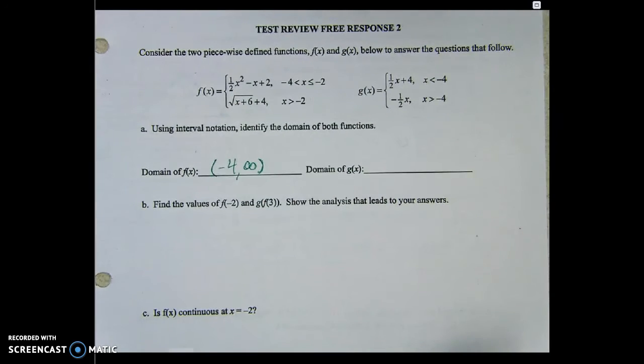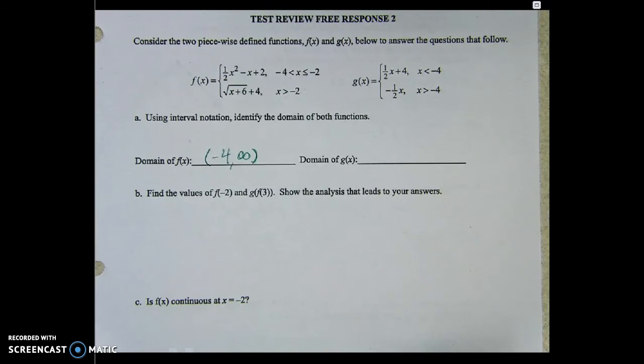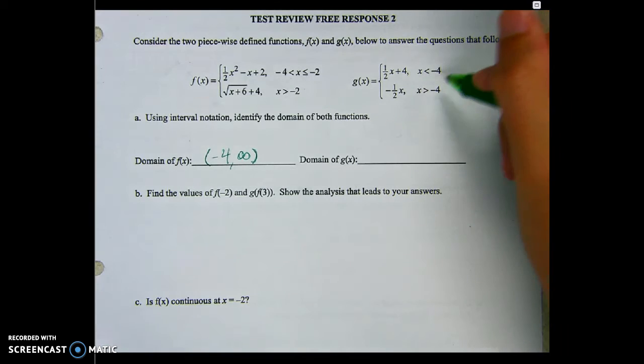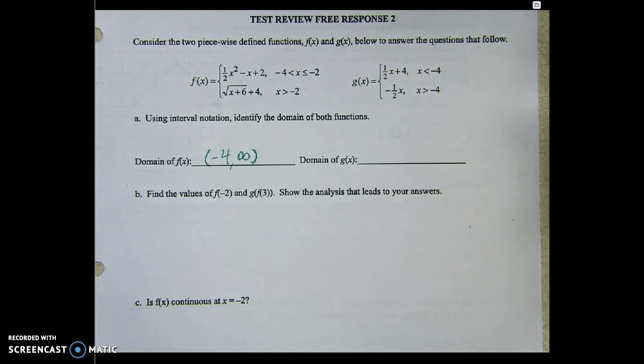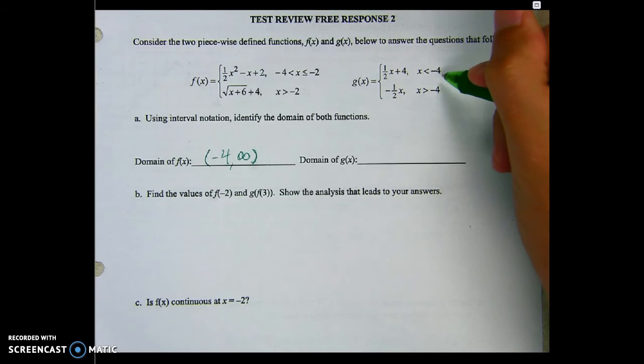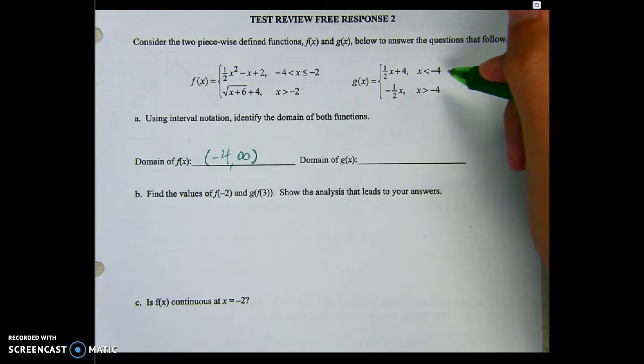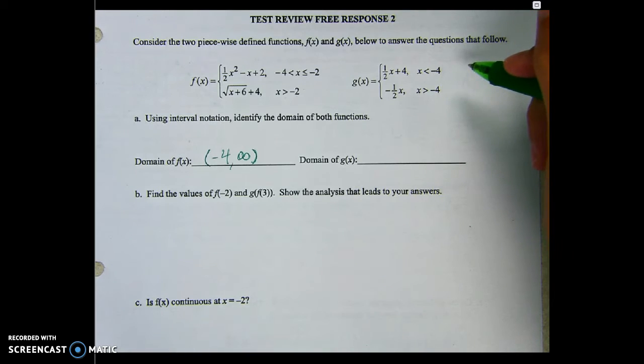So without even graphing, I know that that is the case. Now for g, g is a little more interesting. We'll notice that we have one constraint that is simply less than -4 and another where x is greater than -4. Now, neither of these domains are going to include the value x equals -4, which means that at -4 we would have an open circle on both functions.